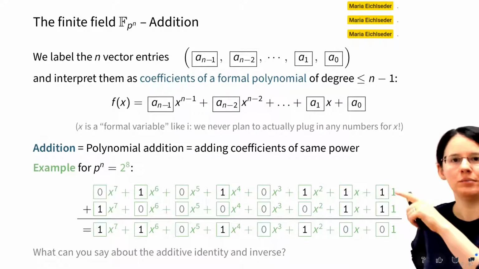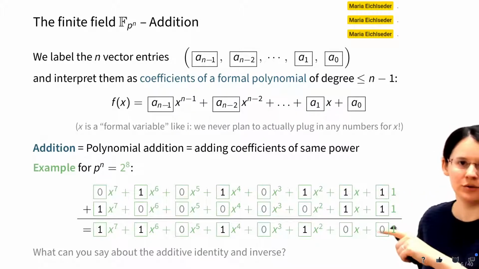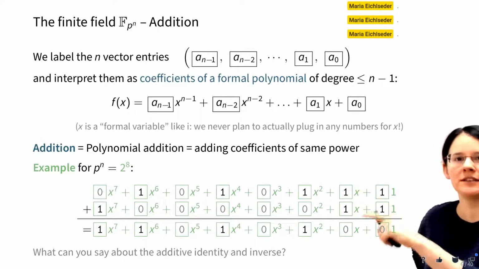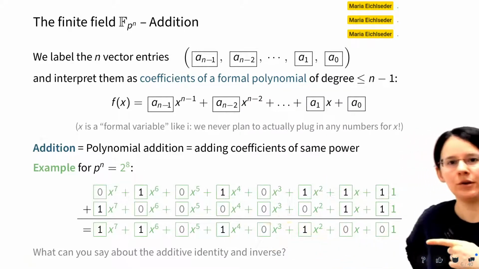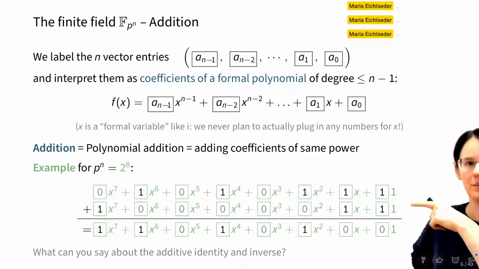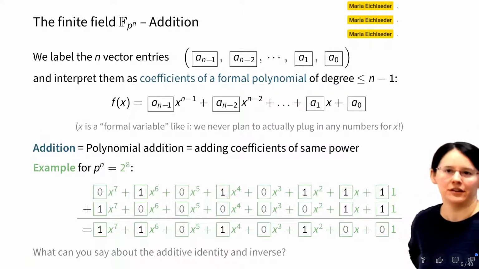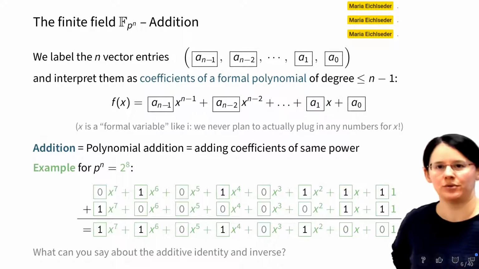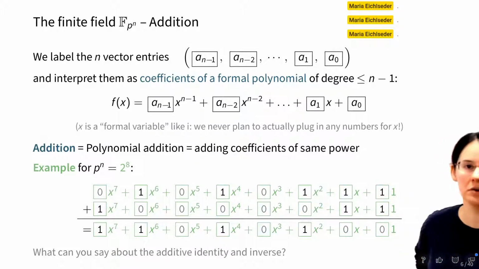So if I look at it in polynomials, 1 plus 1 equals 0 modulo 2, 1x plus 1x equals 0x modulo 2, and so on. So you'll notice the bottom row is simply the XOR of the two upper ones. And this is already everything you need to know essentially about the addition rule for our finite fields. Namely, it's simply an element-wise addition of the two inputs.